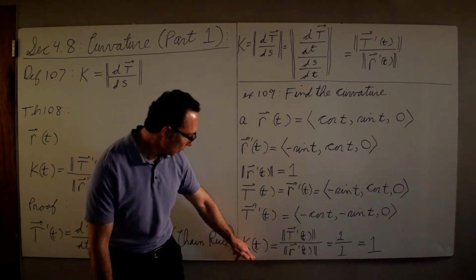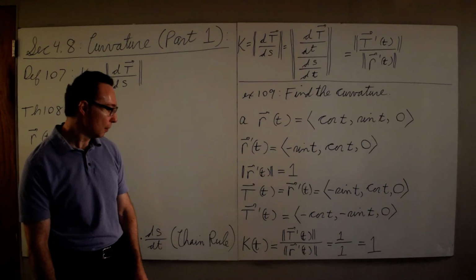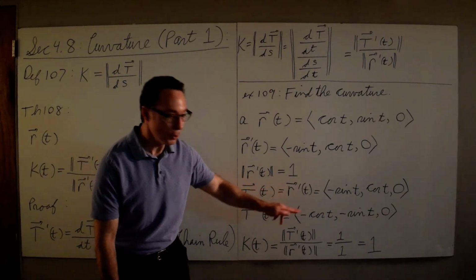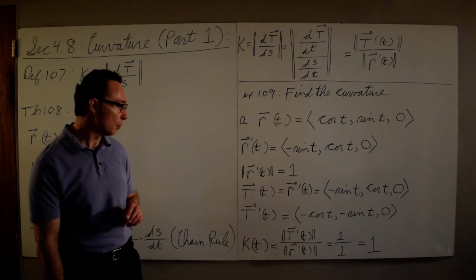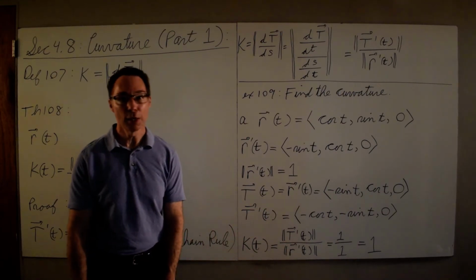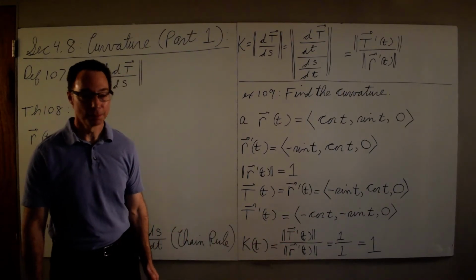Our curvature is the magnitude of T prime divided by the magnitude of r prime. T prime has magnitude 1 because cosine squared plus sine squared is 1. So the curvature is 1 divided by 1, which is 1.